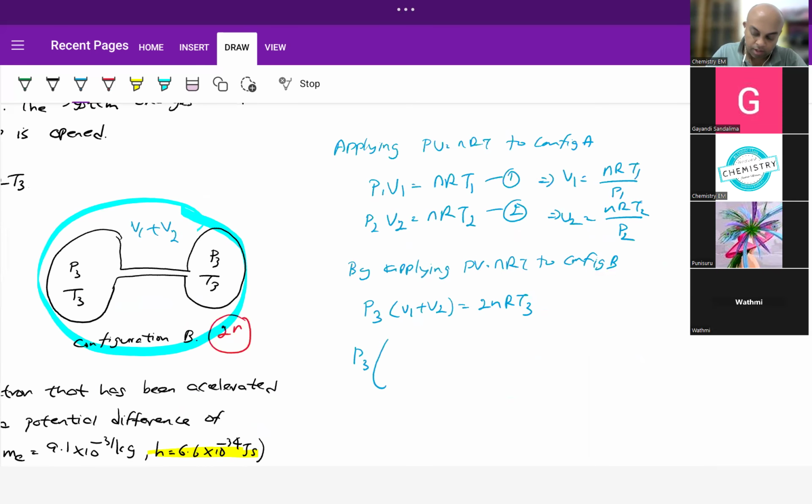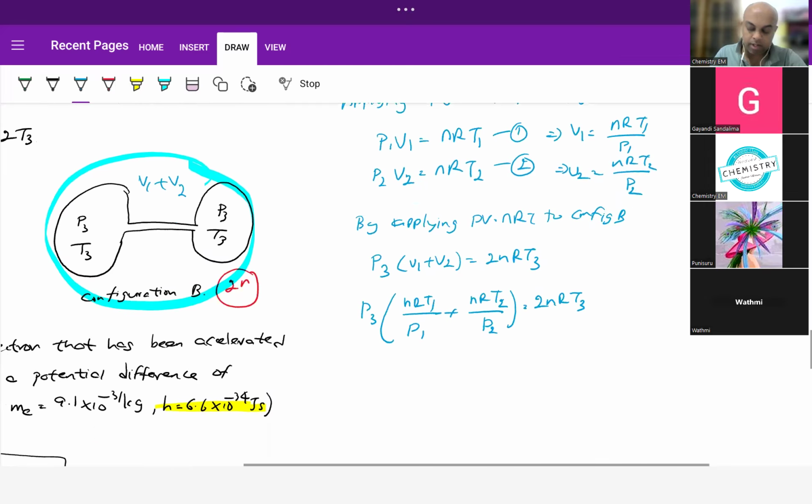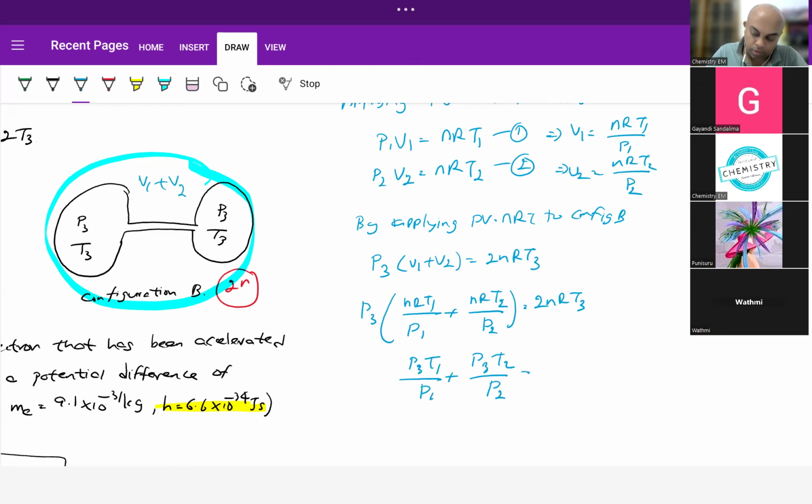P3 times nRT1 divided by P1 plus nRT2 divided by P2 is 2nRT3. nR on both sides will be cancelled off. And this will be P3T1 divided by P1 plus P3T2 divided by P2 is equal to 2T3. This is what has been asked to show.